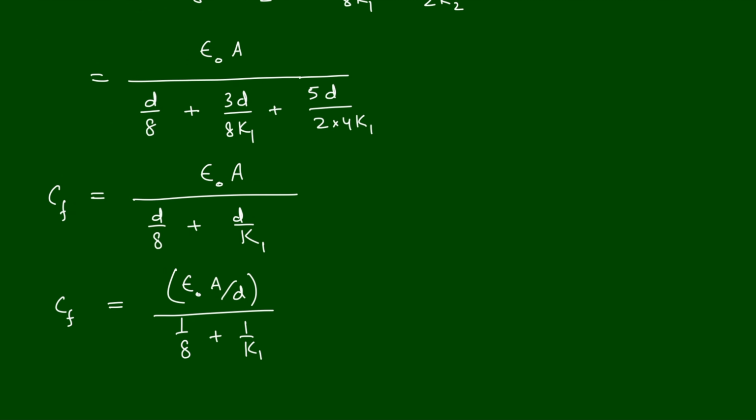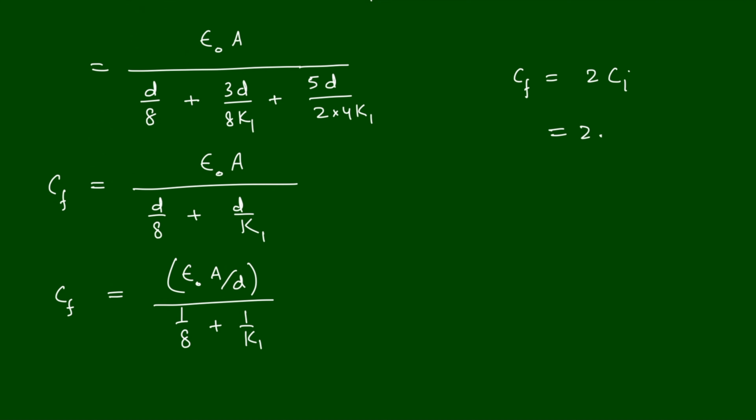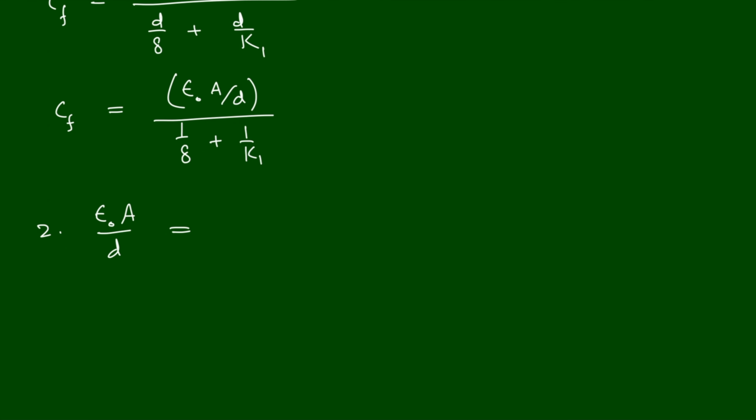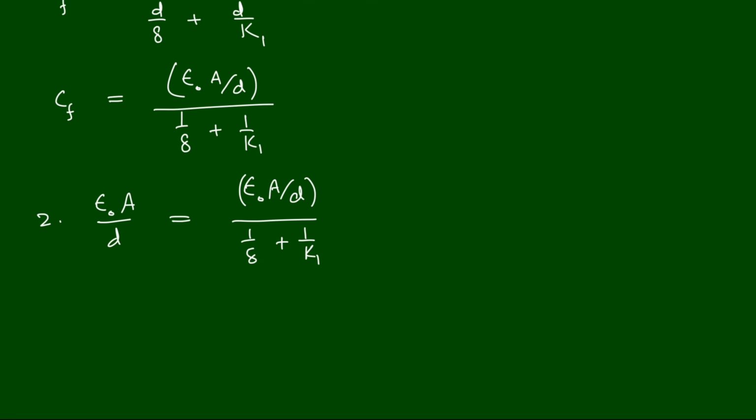Then C final is equal to 2 times C initial, and that is nothing but 2 times epsilon naught A by D. So 2 times epsilon naught A by D is equal to epsilon naught A by D divided by 1 by 8 plus 1 by K1. This completely gets cancelled out.